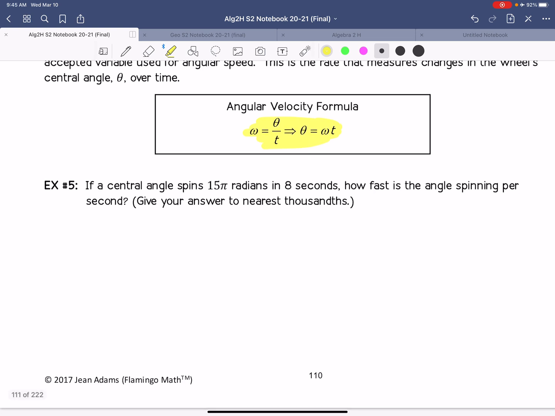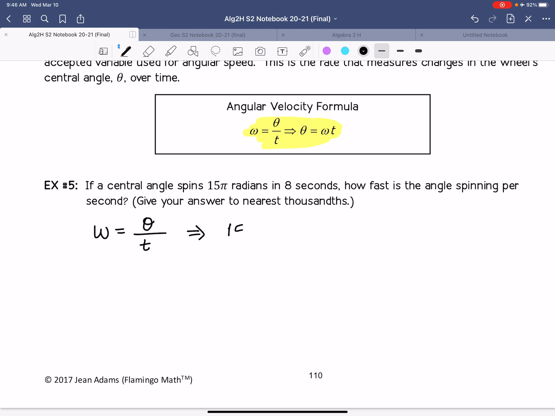Okay, so if a central angle spins 15 pi radians in 8 seconds, how fast is the angle spinning per second? Round to the nearest thousandths. We have angular velocity is equal to theta divided by time.